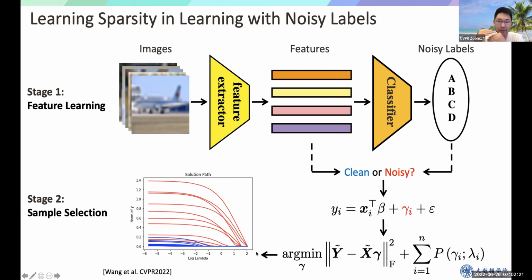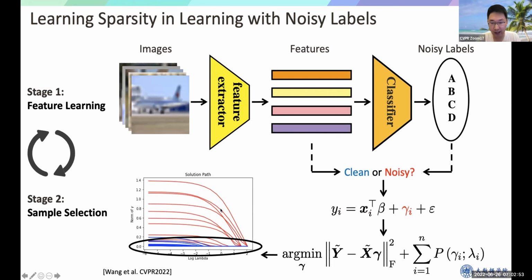If we think of lambda changing from infinite to minus infinite, the value of gamma will change following the change of lambda, right? This is the solution path, and the blue lines indicate the clean data, and the red lines indicate the noisy data. And this is the end of the second stage, which means the sample selection. And we return to the feature learning stage and repeat these two stages until convergence.